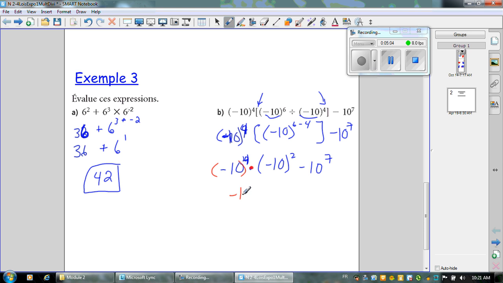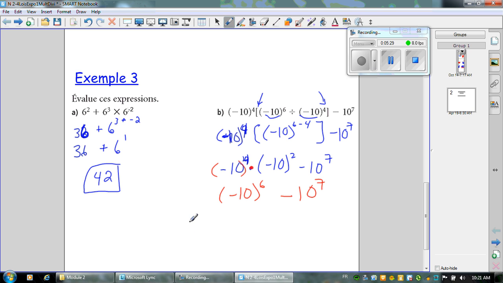So I have negative 10 to the power of 6, because 4 plus 2, minus 10 to the power of 7. So here, 10 to the power of 6 is 10 times 10. I know it's going to be positive because I have an even exponent. If I have an even exponent and a negative base, it's going to be positive. So I know my answer is going to be positive.